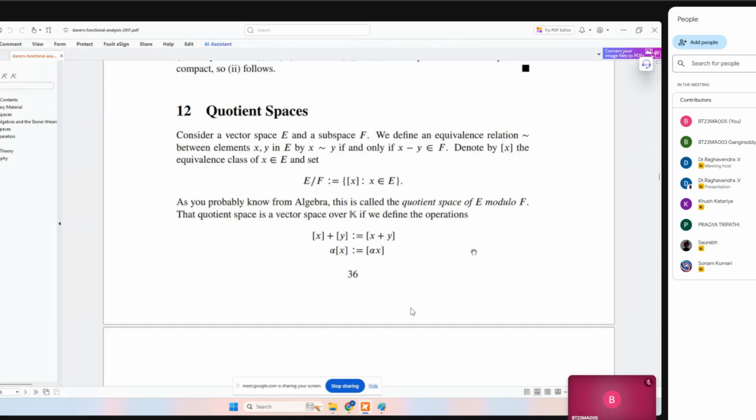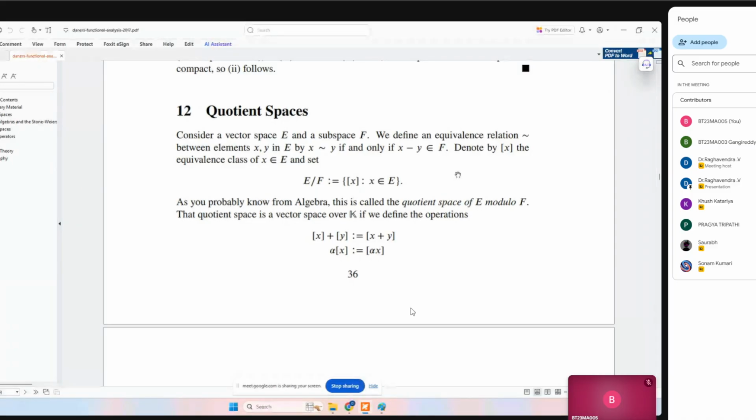So you consider E to be a vector space and F to be a subspace. Then we define a relation on E, where we say that two vectors x and y in E are related, denoted by x tilde y, if and only if the difference x minus y is in F. So if the difference is in F, then you say that these two elements, x and y, are related. That's the relation we define.